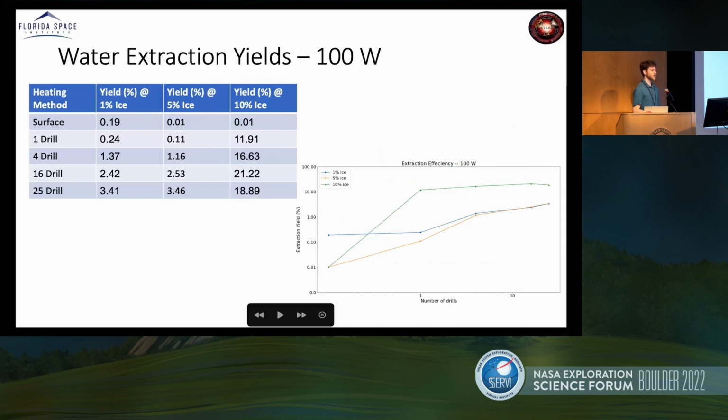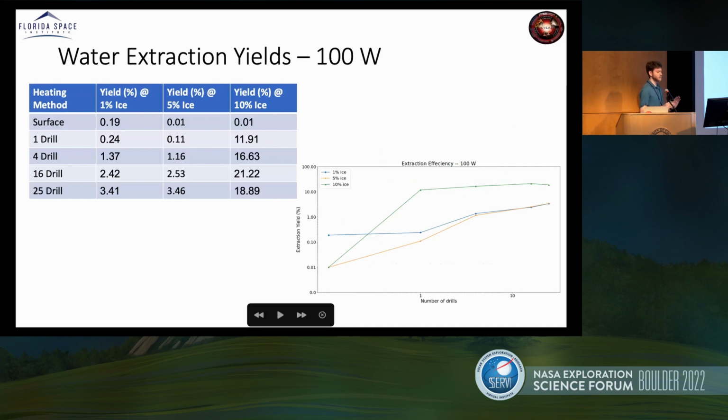So here, looking at the final results we got for extraction yields, where we find how much ice we started with and how much we ended up with in terms of water collection. We see that for low powers of about 100 watts, more drills is better.